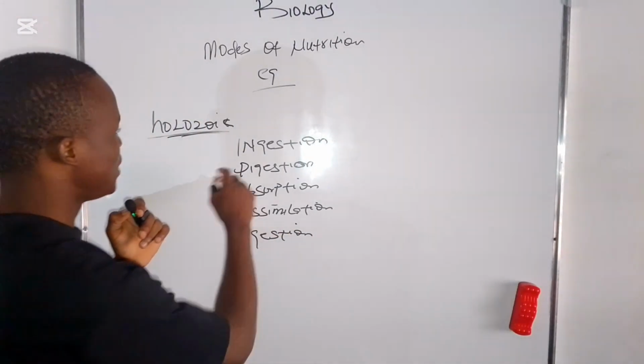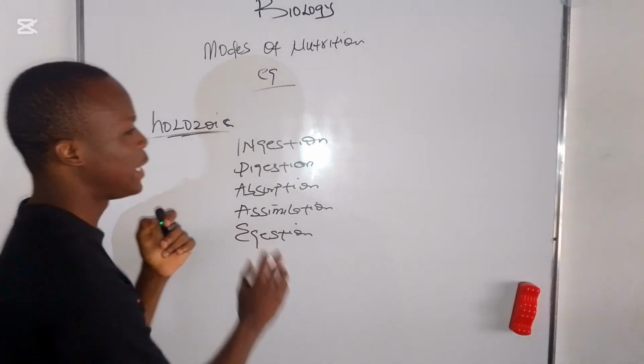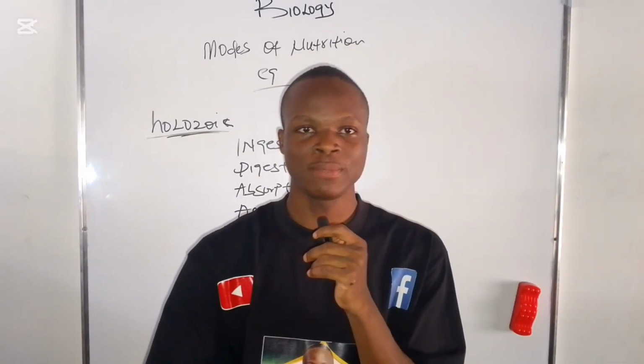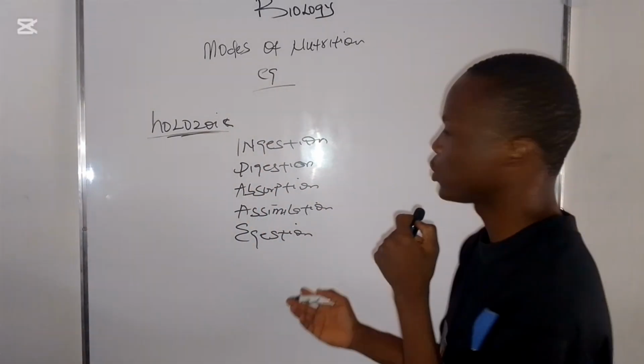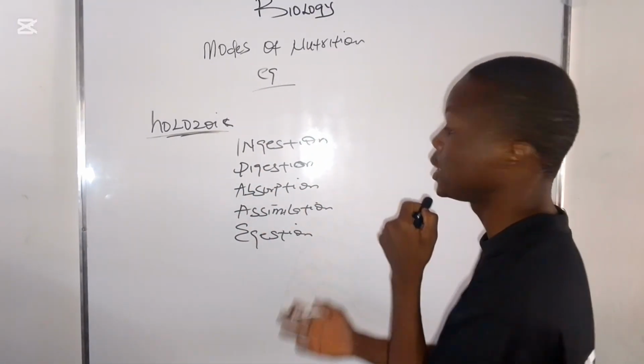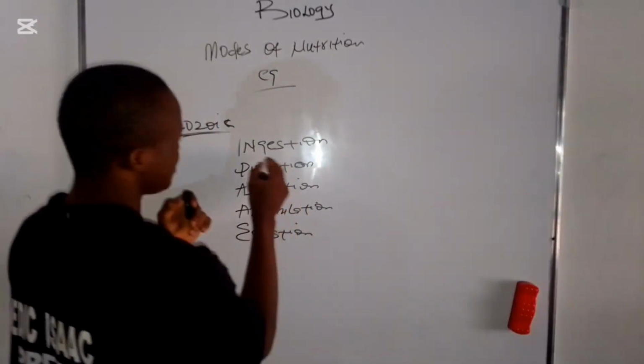Now, if you are looking at all these things that I have written, can you tell me the organisms that undergo all these kinds of nutrition? Okay, what is ingestion?